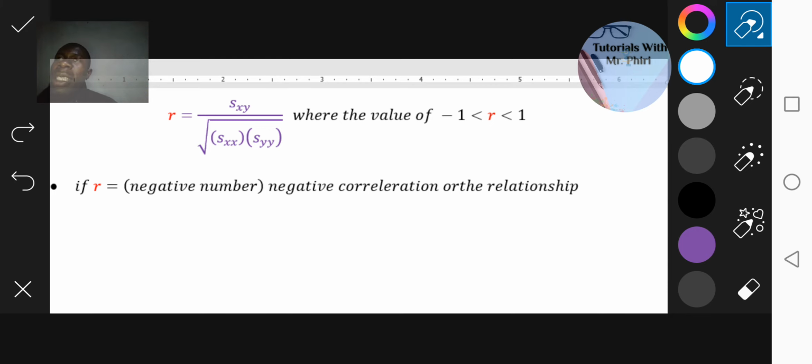In other words, if we were looking at eating meat, the example that we gave is eating meat and gaining weight. If the answer that we get after comparing the two variables using the correlation coefficient is negative, it means that when you eat more meat, you lose weight.